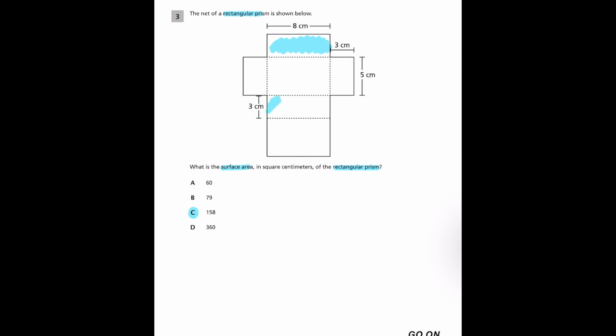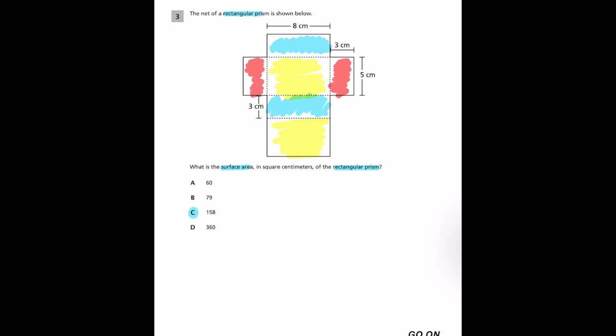This one is also 8 by 3. Here's 3 by 8. Here's another set that's the same. 3 by 5, 3 by 5, and here is 8 by 5 and 8 by 5.